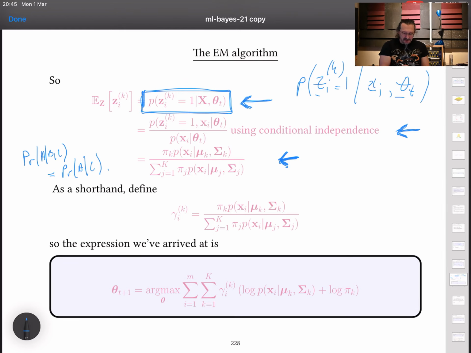That means that I've just got this expression on the top here for the joint probability of zik being 1 and xi. And on the bottom, well, that's just the definition that I started off with right back on basically the first slide, where I set up the probabilistic model for a Gaussian mixture. That's just the definition written down again.